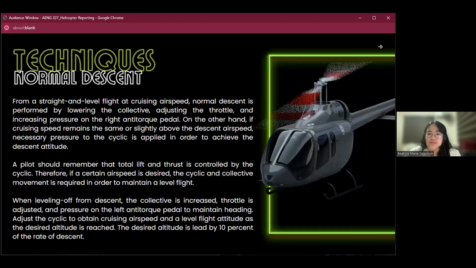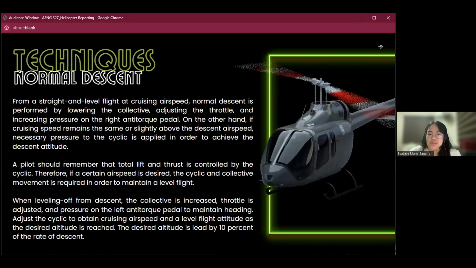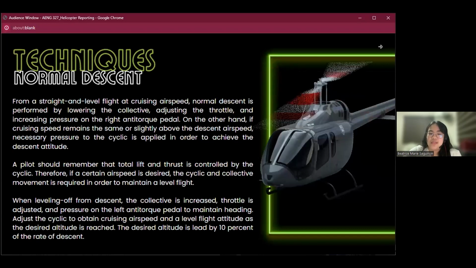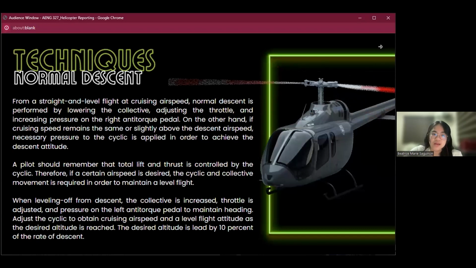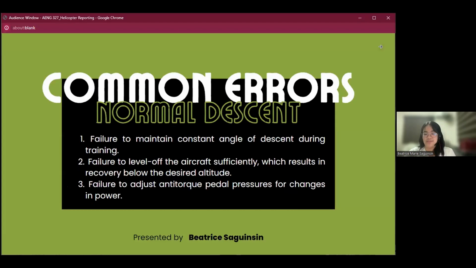Adjust the cyclic to obtain cruising airspeed and a level flight attitude as the desired altitude is reached. The desired altitude is led by 10% of the rate of descent. So like the example before in normal climb, if the rate of descent is 500 feet per minute, a 50-foot lead is required. Next slide, please.